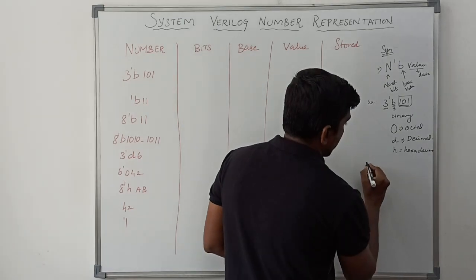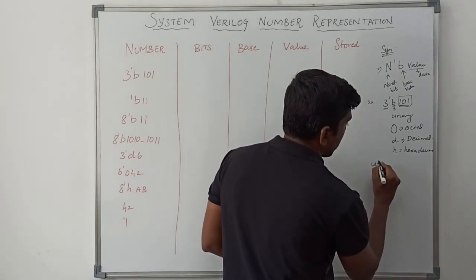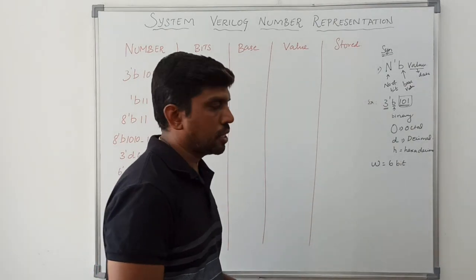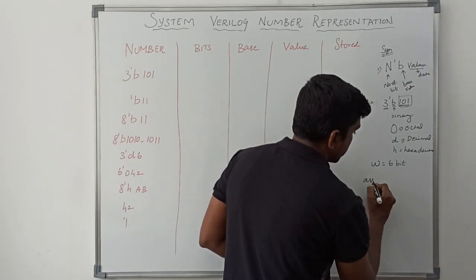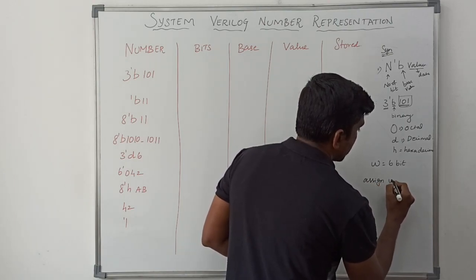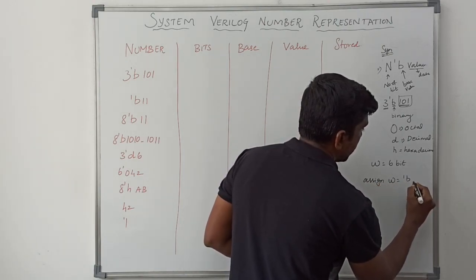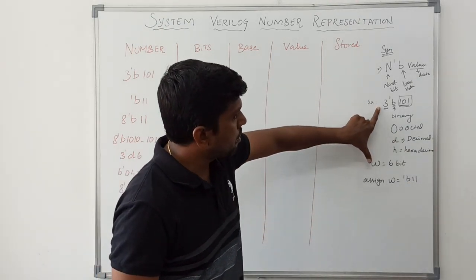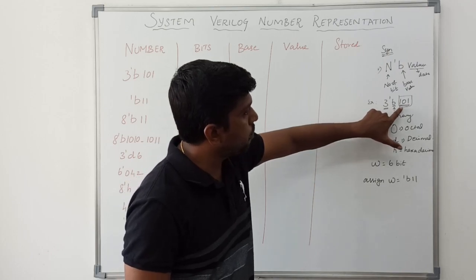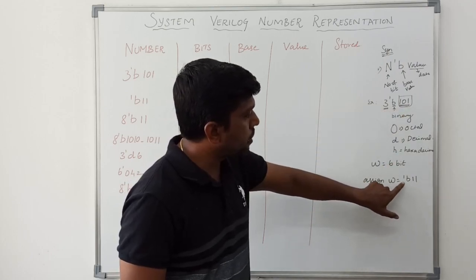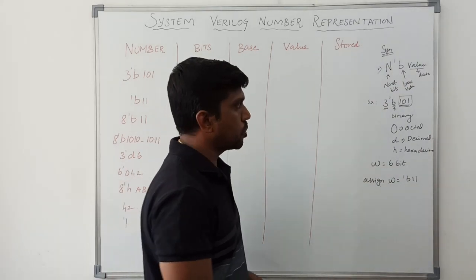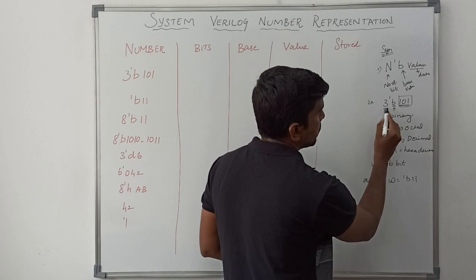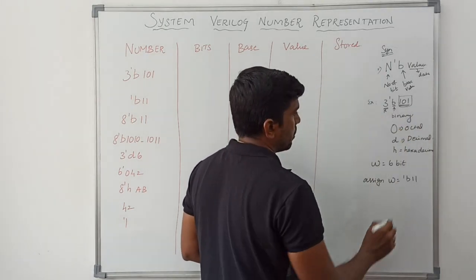Let me consider another example. W is a 6 bit value. Assign W equal to tick B 11. Compare these two examples. Here 3 tick B 101, but here W equal to tick B 11, so one term is missing: the number of bits. Where 3 is mentioned, the value is compulsorily a 3 bit value.